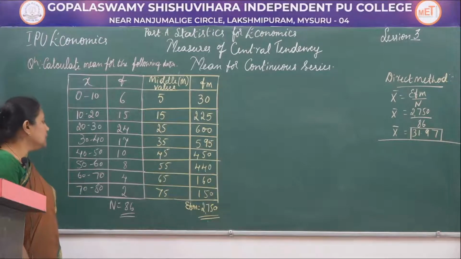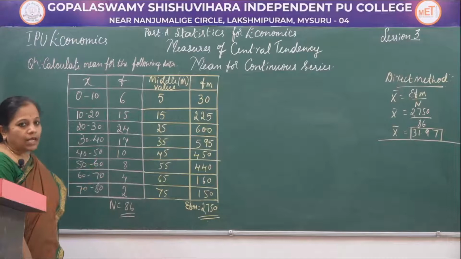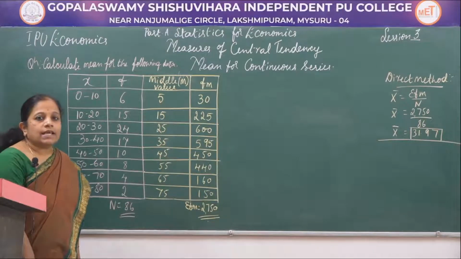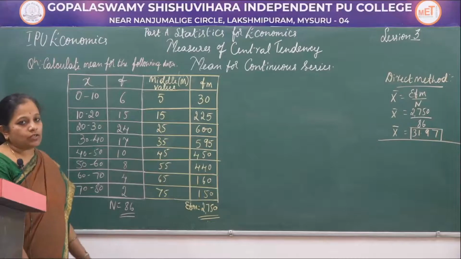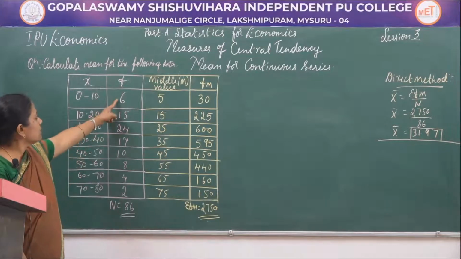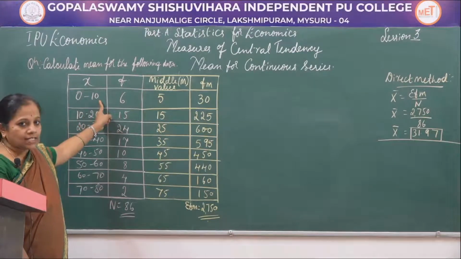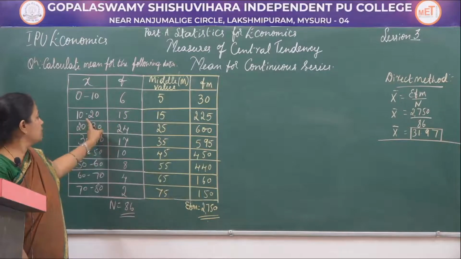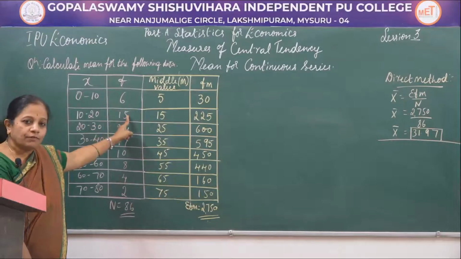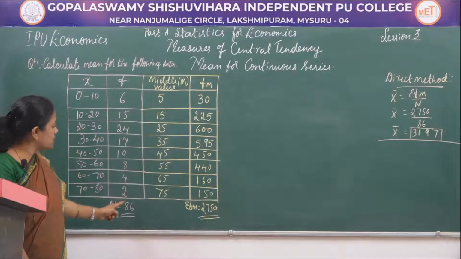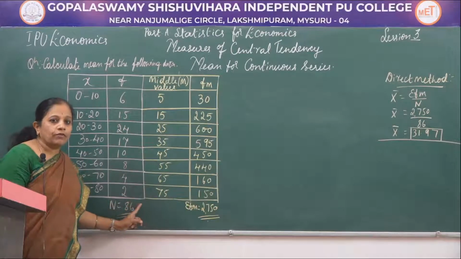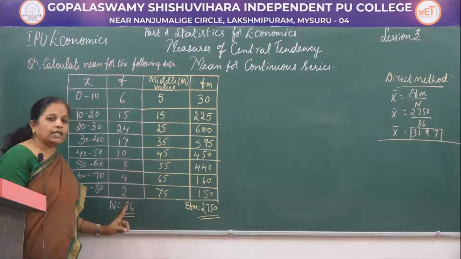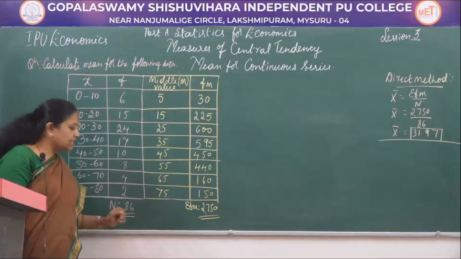So, totally there are 8 classes, and against each class they give you the frequencies also. The class frequency for 0 to 10 is 6, and for 10 to 20 it is 15, and it goes on like this. The total of the frequencies F is N, that is 86.